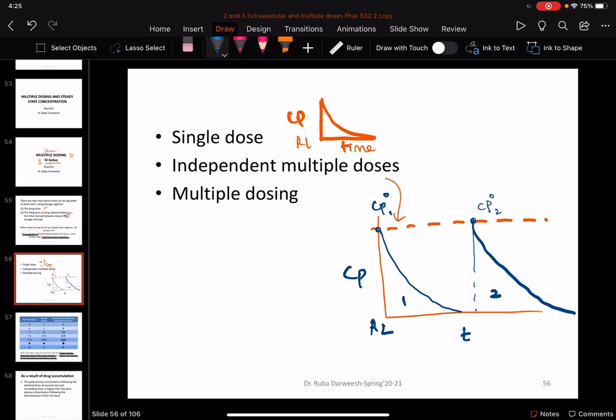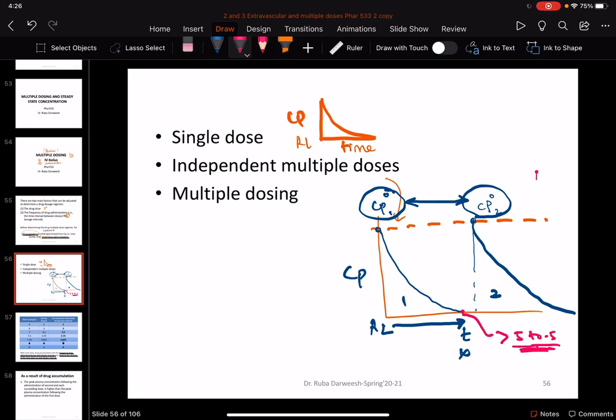And again, this is the same example that we explained before, the CB node for both of them are the same because we give enough time for the drug to be eliminated completely. Theoretically, the time needed for the drug to be completely eliminated is infinity. Practically, we are talking about more than 5 half-lives, which we usually say is 5 to 7 half-lives.